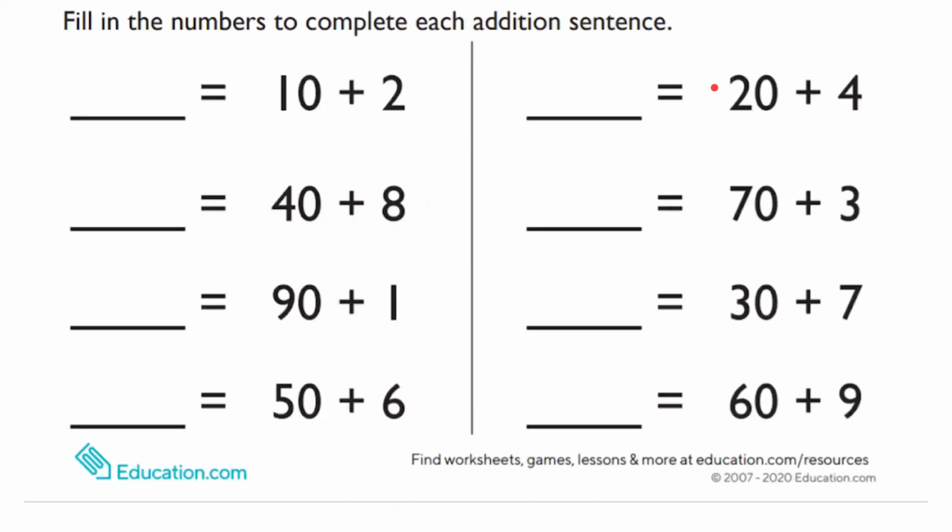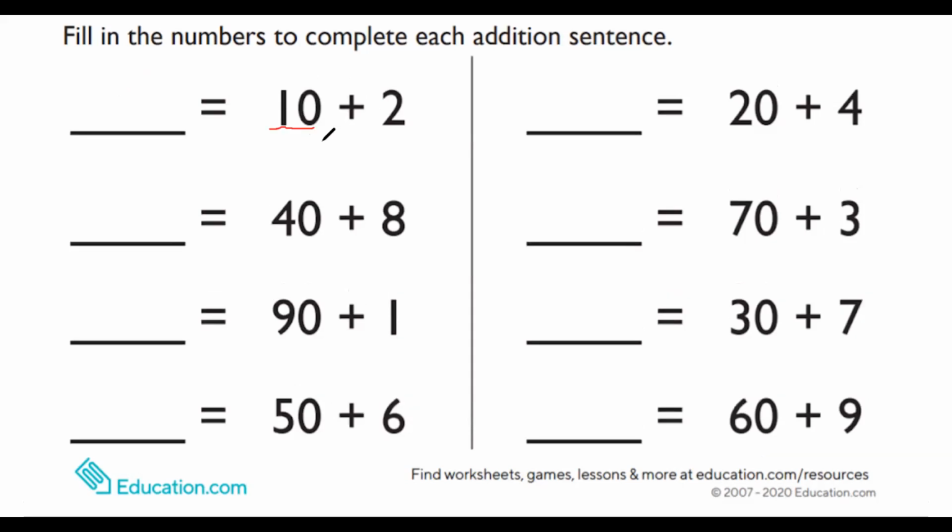In this worksheet, we have to find the number, the standard form. So let us do it our way. So what is the number here? The number is 10 plus 2, right? So how many tens is this? Let's first draw the place value chart. This is the place value chart. So how many tens do I have?